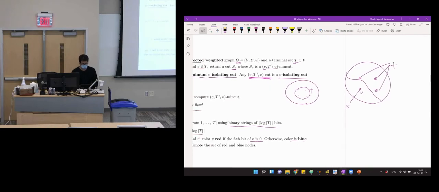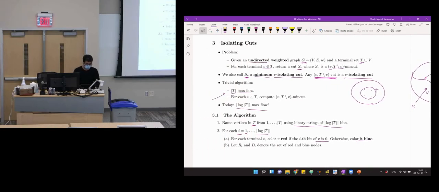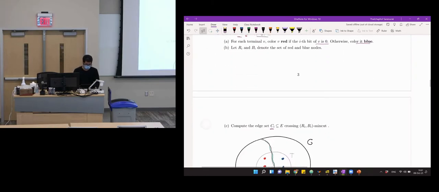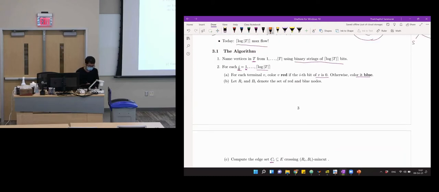For each iteration i, we just separate the terminal set into two sides, a red side and a blue side: the ones whose ith bit is 0 are red, and otherwise blue.